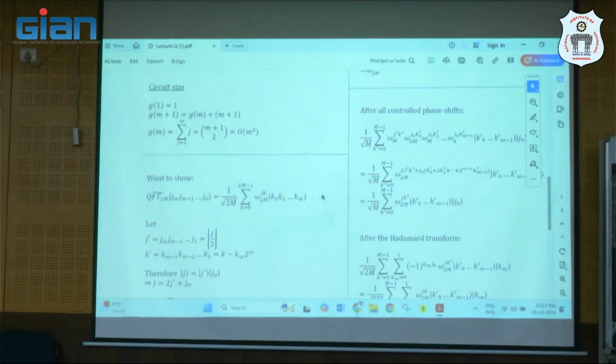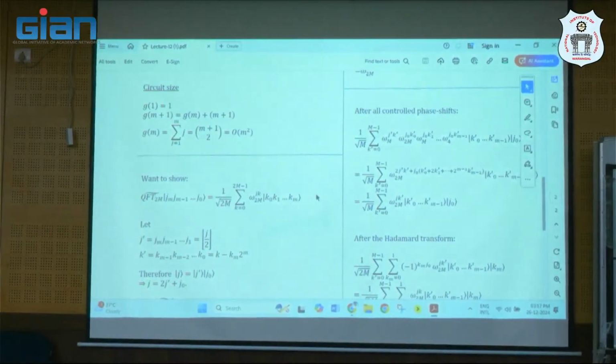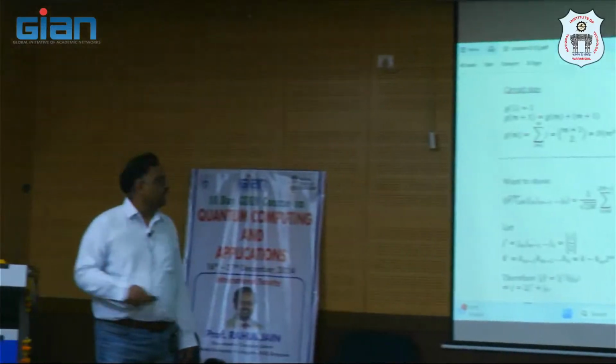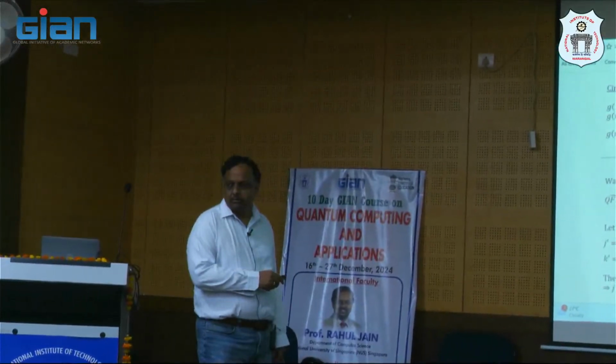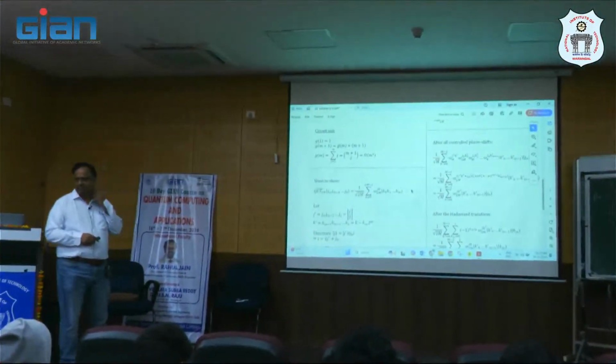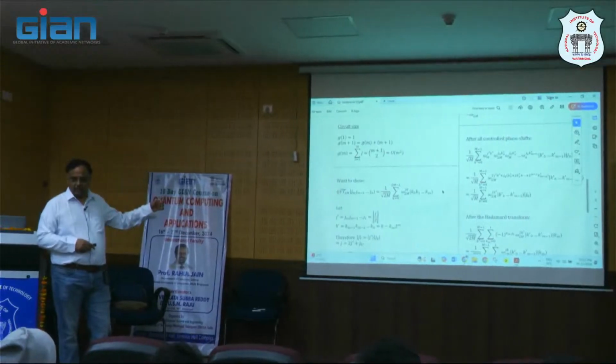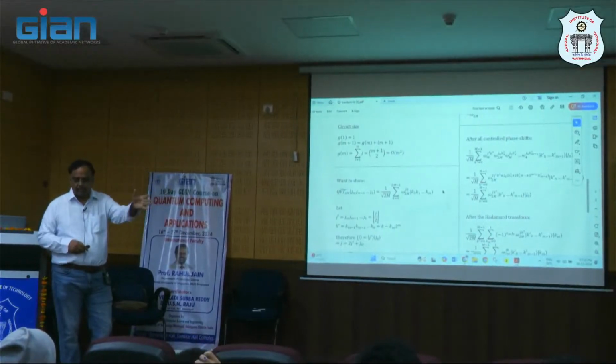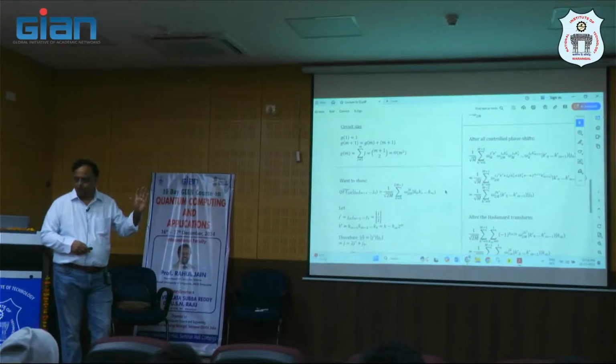Let g represent the number of gates. g of 1 is just 1 Hadamard, 1 gate, correct? g of m plus 1 is g of m plus m plus 1, agreed? Just now we saw in the circuit, m plus 1 additional gates. Yes.